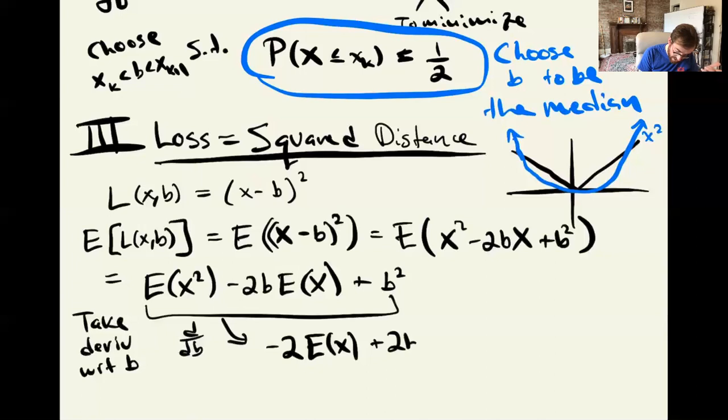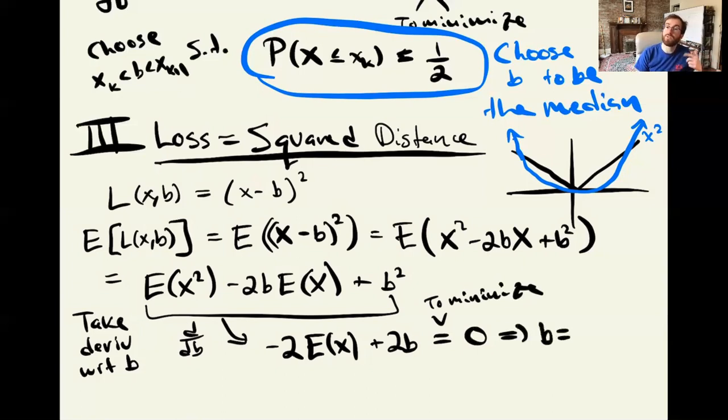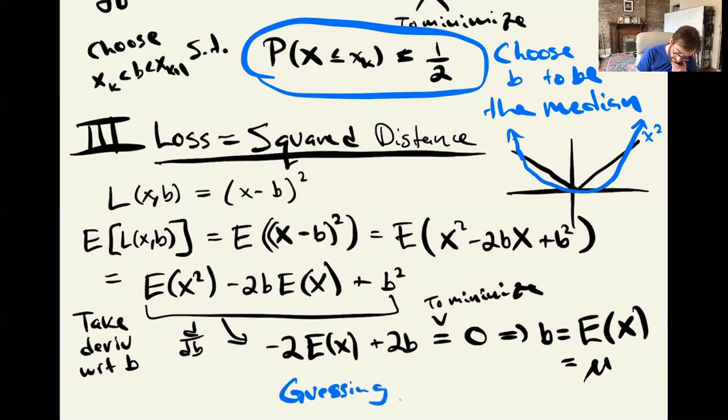And then this turns into 2b, and I want to set this equal to 0 to minimize. And then I'm led to the conclusion that the value of b which I should guess that'll minimize my squared error is the expectation of x. This is also known as the mean. So here, guessing the mean, b equals mu, which is the expectation of x, is best.